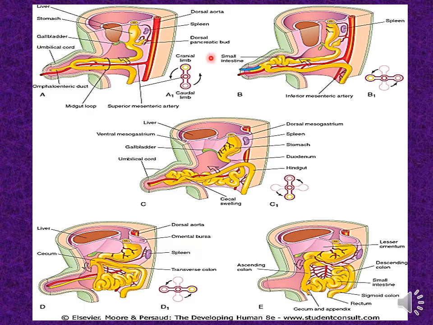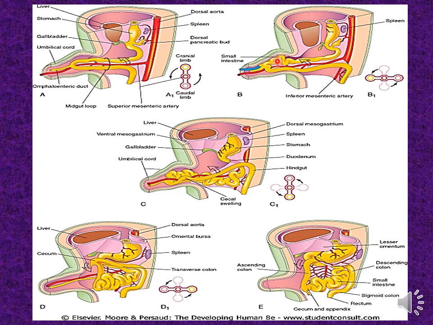You can see in this figure that this whole process is demonstrated. Here is the midgut loop, and the direction of rotation, about 90 degrees around the superior mesenteric artery, represents the axis of rotation.